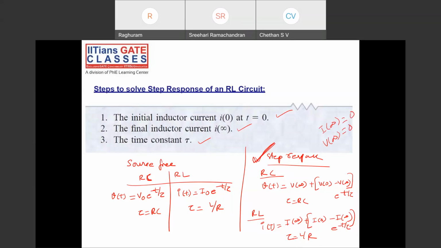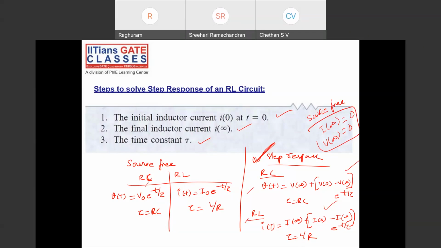What happens? It will become V naught e power minus t by tau, or V of 0 e power minus t by tau, and I of 0 e power minus t by tau, right? Taking V of infinity and I of infinity as 0 will give you the source free case. So only 4 formulas, rather only 2 formulas, for the entire transients.